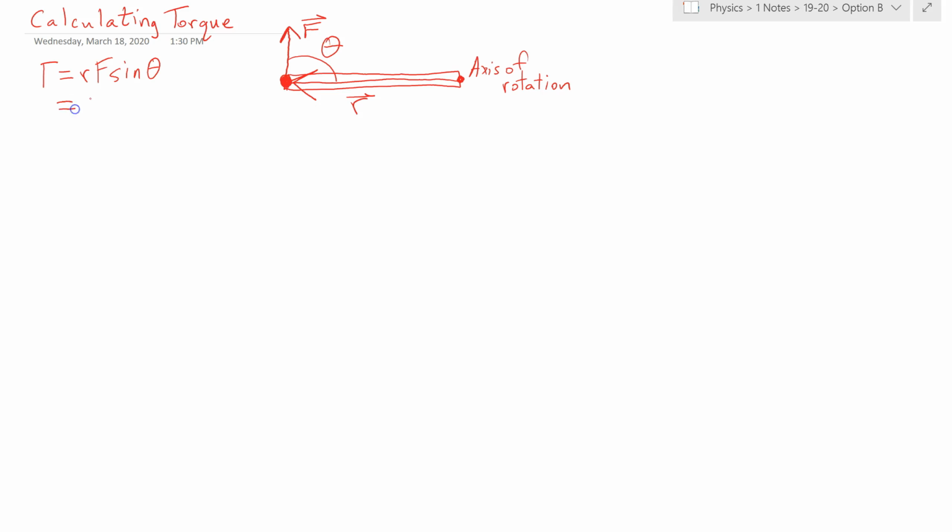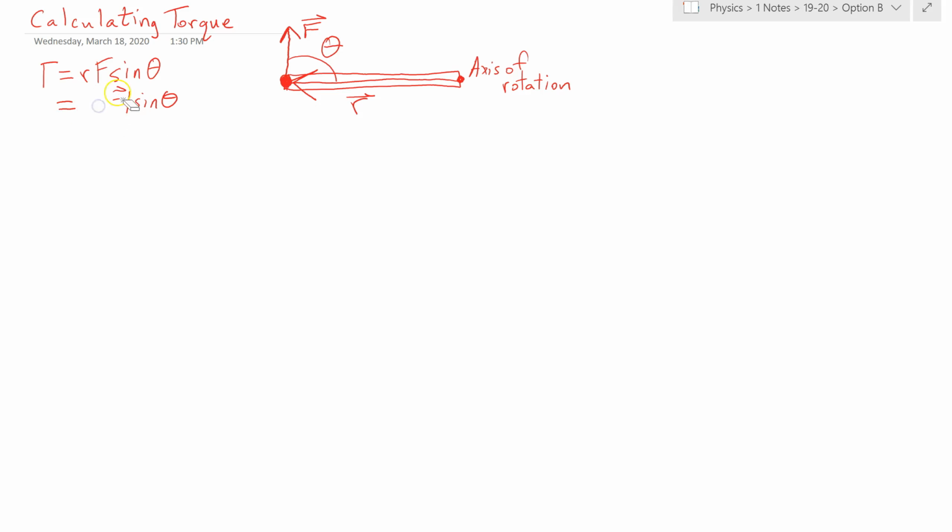So really this formula uses the magnitude of r, the magnitude of F, times the sine of the angle between them, because in reality this formula is called the vector cross product. That's the definition of the vector cross product, but IB doesn't care if you know that.